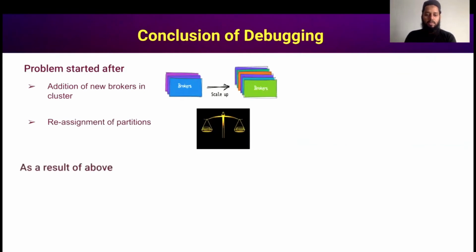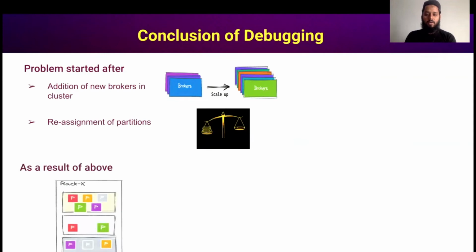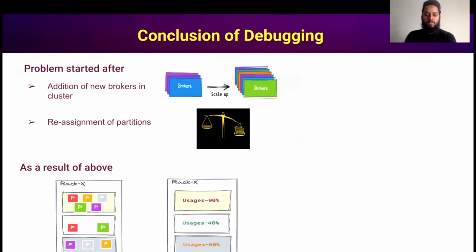Because of this, we saw skewness in the number of partitions on a broker within a rack, especially for topics which have a large number of partitions. Because of uneven use of brokers, this leads to latencies and throttle issues.